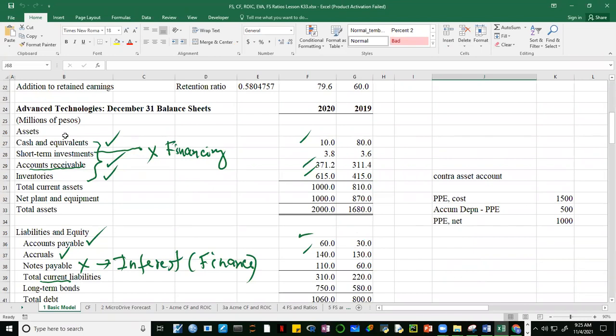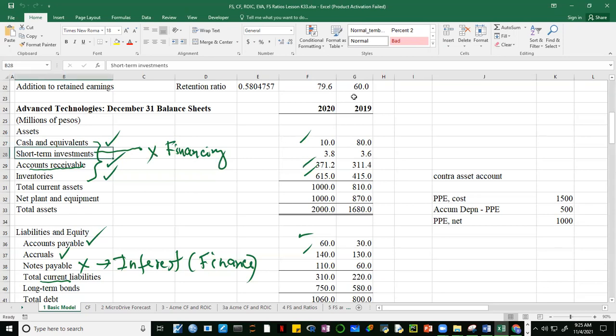Of these four current assets, three of them will be classified as operating current assets. Cash and cash equivalents, receivables, and inventories form part of our operating current assets. Take note, short-term investments was not included because this is part of financing.